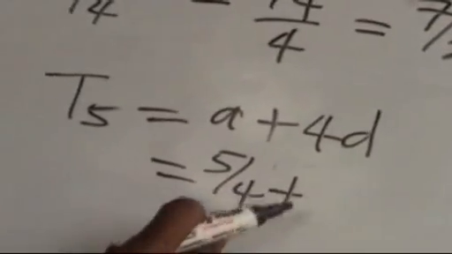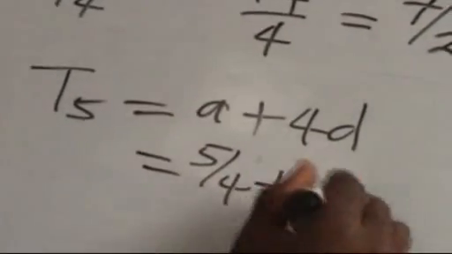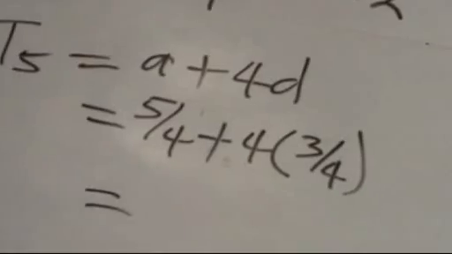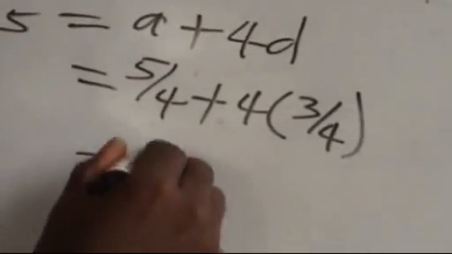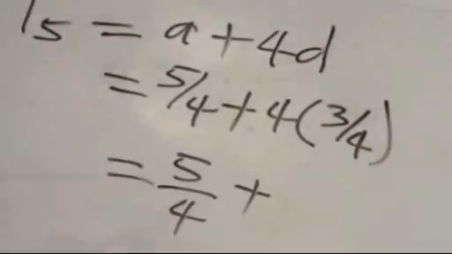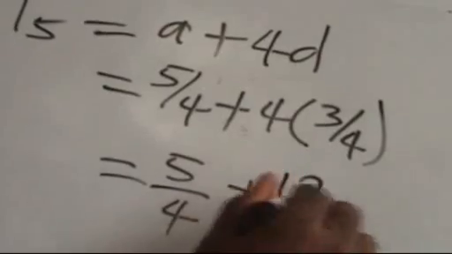So we'll have 5 all over 4 plus 4 into our d, which is 3 all over 4. And this will give us 5 all over 4 plus 4 times 3, which is 12 all over 4.